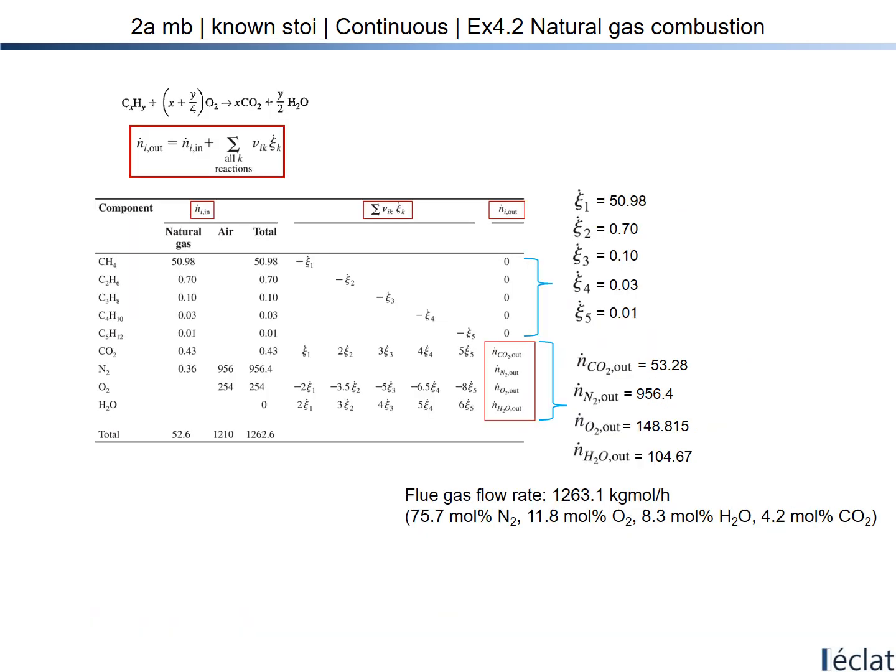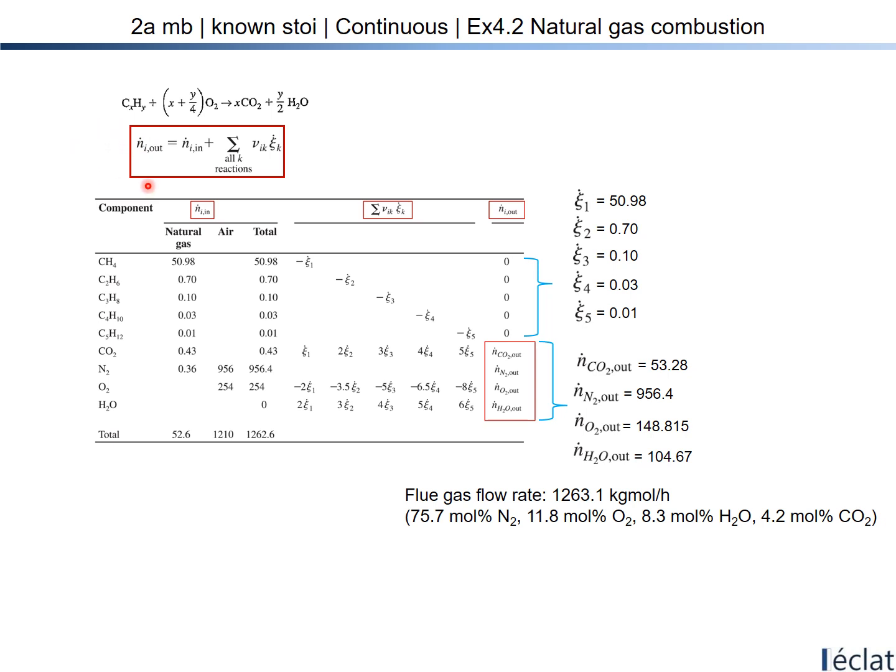Then right now in the natural gas we have 5 different alkane compounds. It means we have 5 different chemical reaction equations which are well balanced. Also, this furnace is operated on the continuous flow mode, then you don't need to think about the accumulation term.